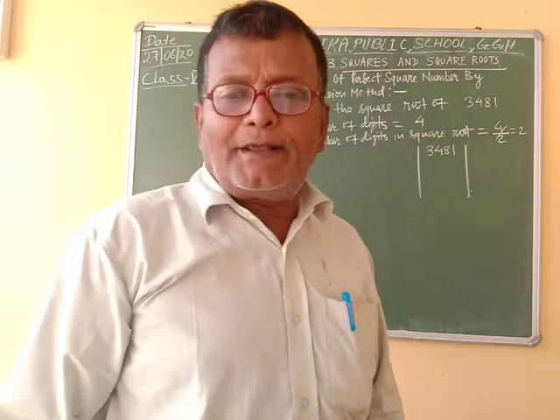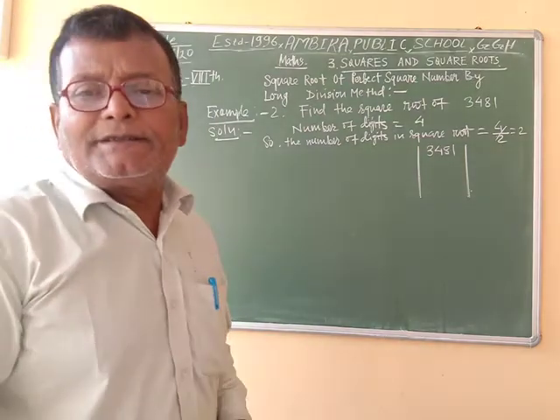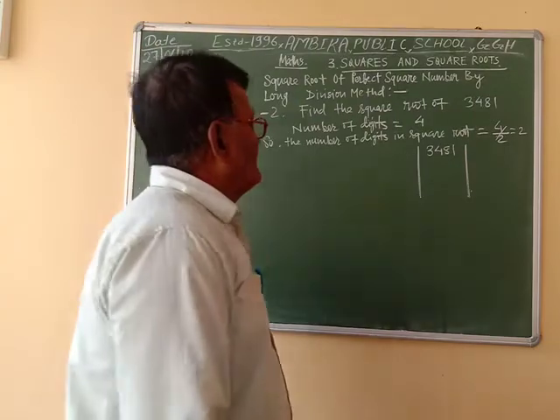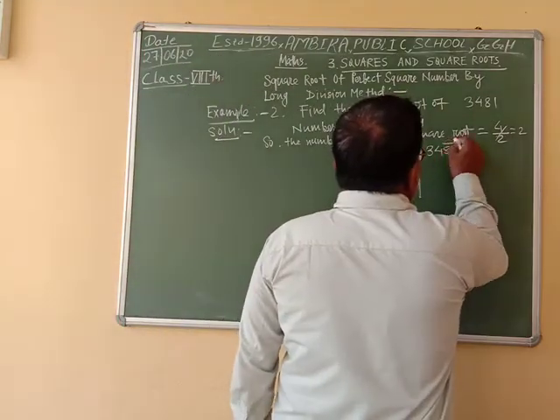Here we make pairs of digits starting from unit digit and put a bar over it.